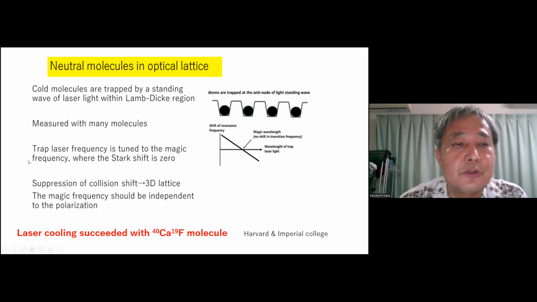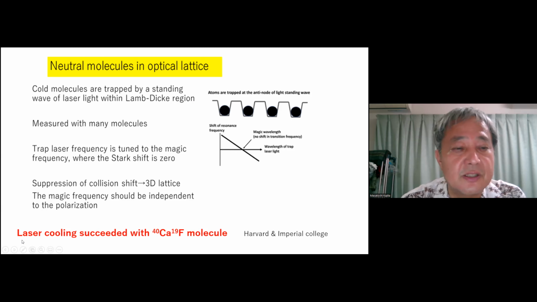At a frequency which we call the magic frequency, the energy shifts of the upper and lower states are equal, and the Stark shift, the light shift, becomes 0. To suppress the collision shift, it is required to use a 3-dimensional lattice. But the magic frequency should be independent of the polarization.